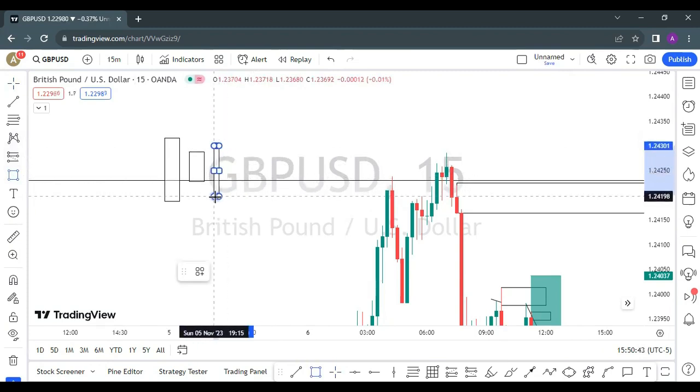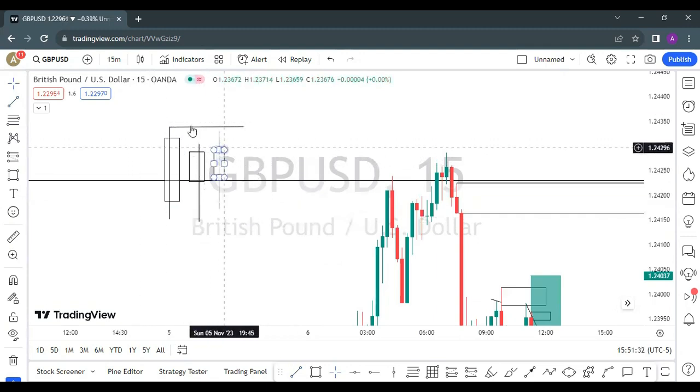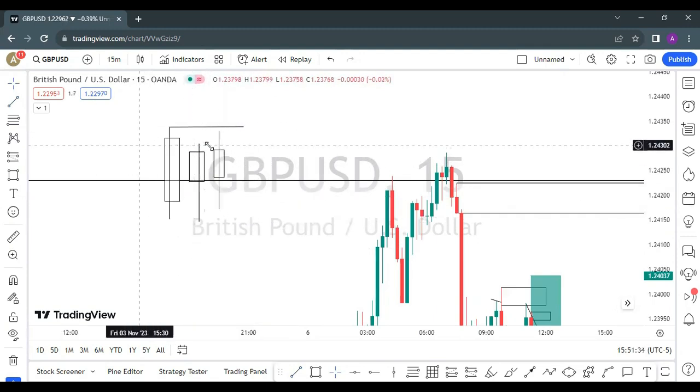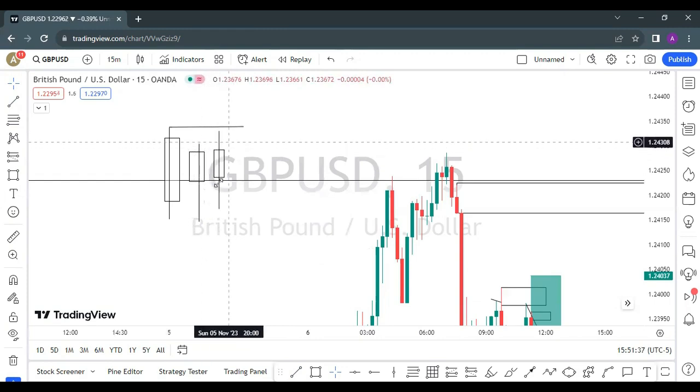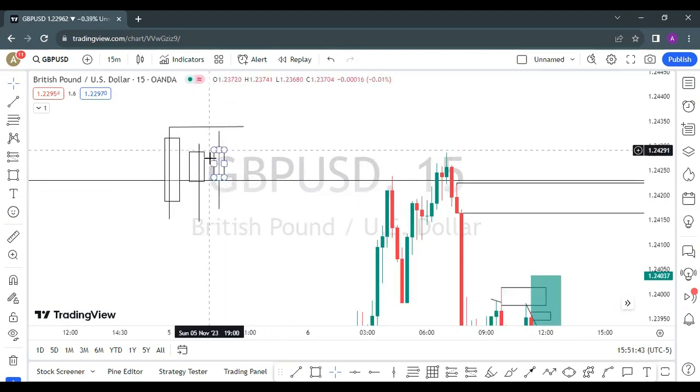All right, so I'm making a drawing because I want to show you something. Now, Sohel, if you have something like this, though this guy has swept the high of this guy, you will never consider this guy as a single candle order block. Why?